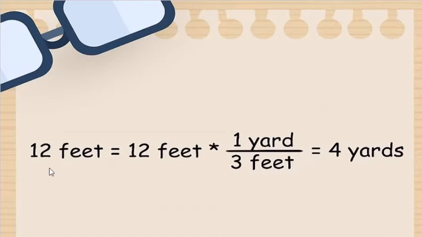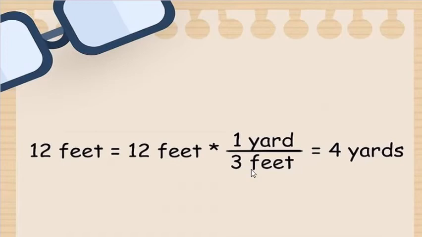For example, suppose you have a measurement of 12 feet that you want to convert into yards. Write a brief multiplication problem as follows: 12 feet equals 12 feet multiplied by 1 yard divided by 3 feet.